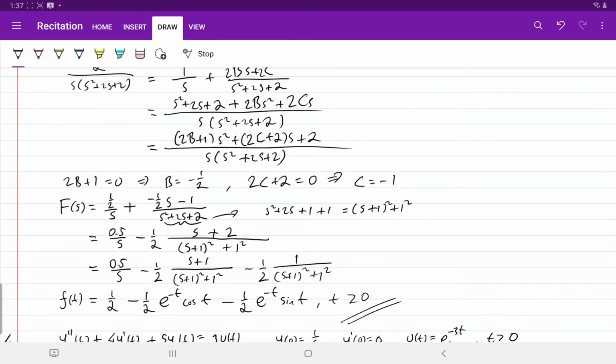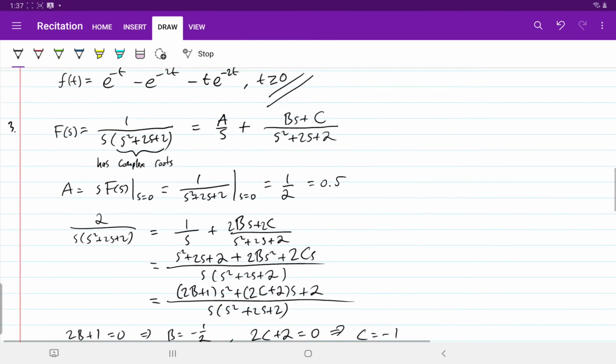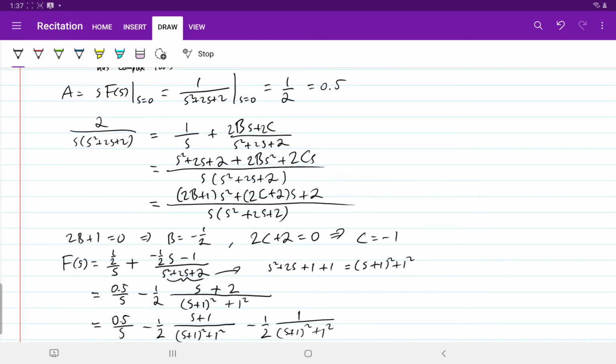We can simply follow the steps from problem 3. So you cross multiply it and you compare the numerators from the left hand side and the right hand side.